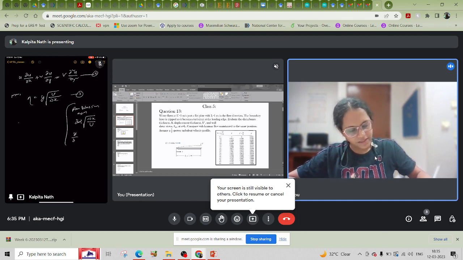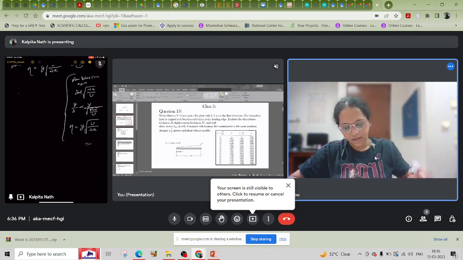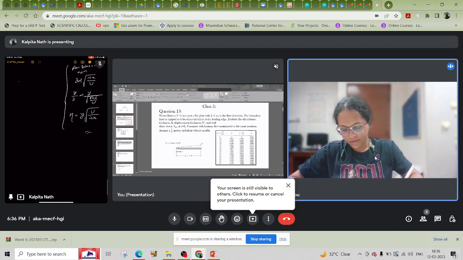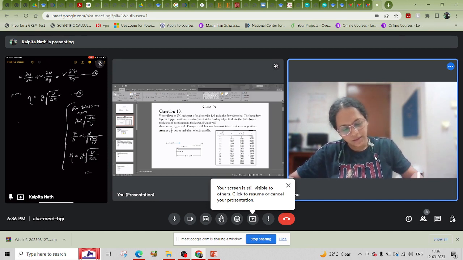So y by delta is directly proportional to y by root over nu x by u. Therefore eta is equal to y root over u by nu x. Okay, so now we have to evaluate this.